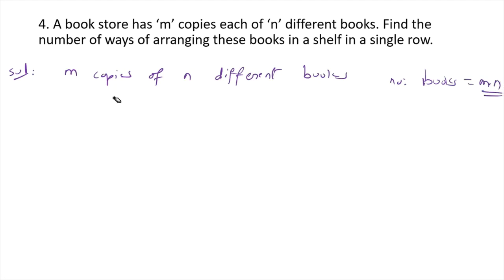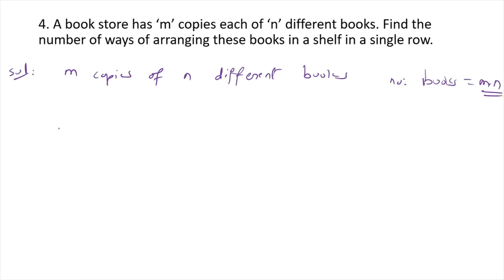There are m copies alike of each kind. For example, let us assume that there are 3 copies of 2 different books. That means there are 3 copies of English and 3 copies of Telugu. So instead of having only 2 different books, we have n different books, m copies of n different kinds. The total number of books is going to be mn.